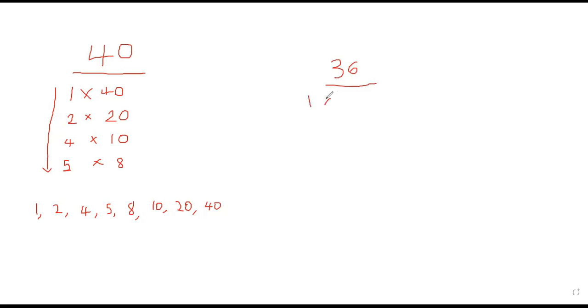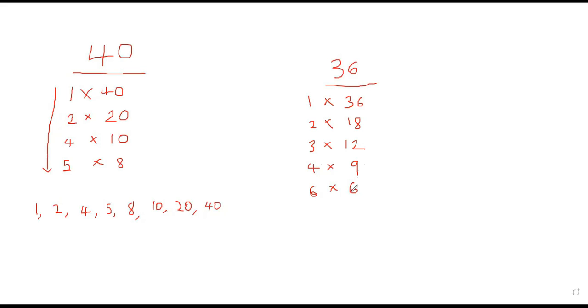We have 1 times 36 as usual. 1 is a factor of every number. 2 multiplied by 18 gives 36. 3 times 12 gives 36. 4 times 9 gives 36. And 6 times 6 gives 36.